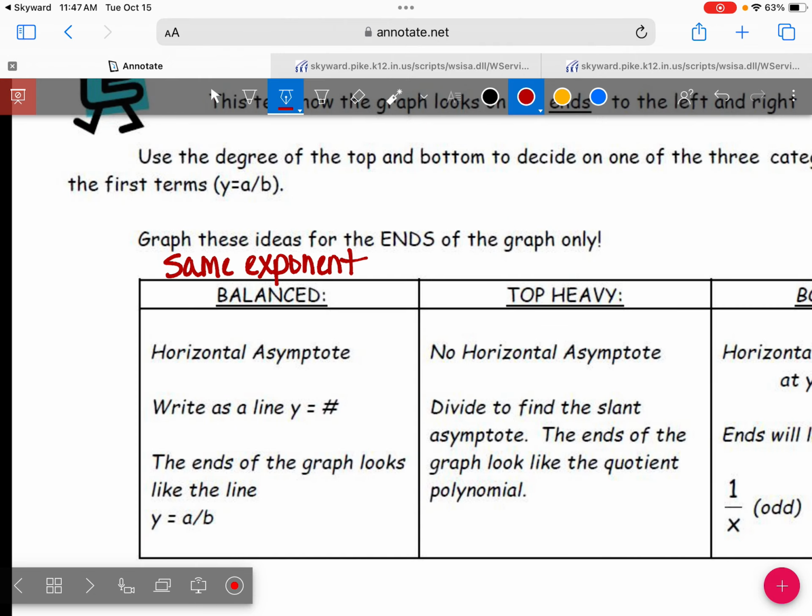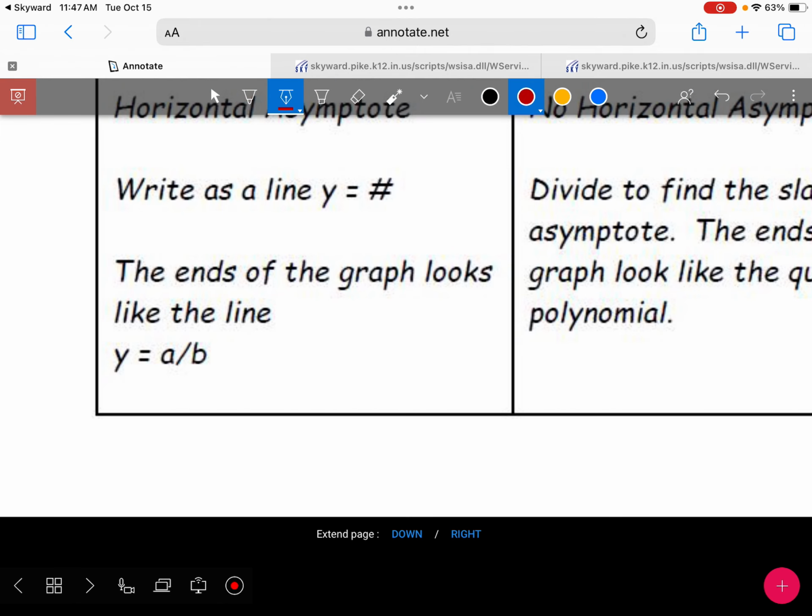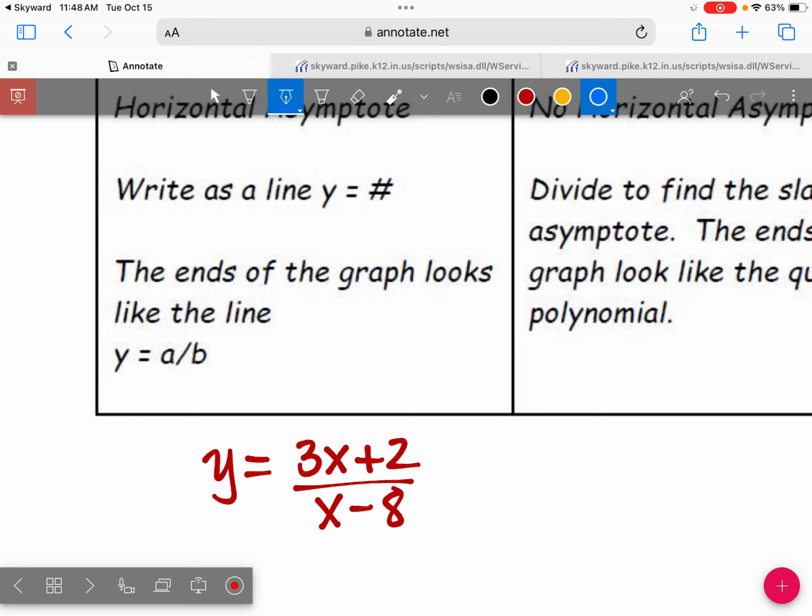So for example, if I had y equals 3x plus 2 over x minus 8, you see how they both have an exponent of 1.